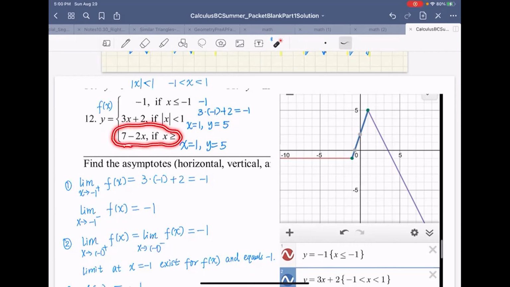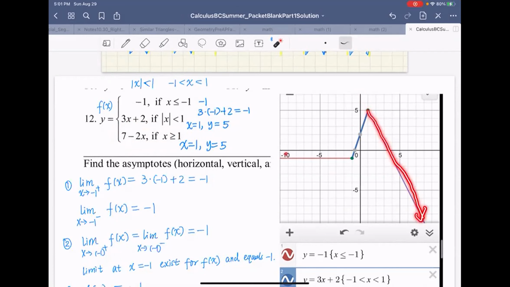7 minus 2x. 7 minus 2x means you start from x equals 1. You have the y-intercept of 7 and you have the slope of -2. So you are going down by 2, run by 1. So you are going down.